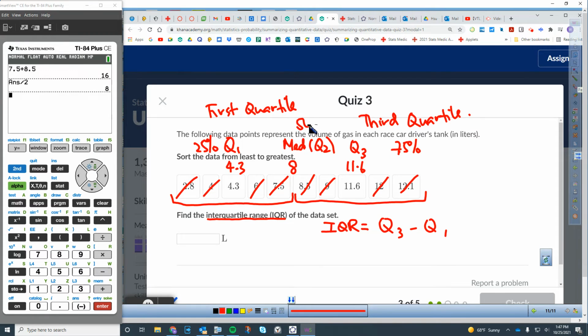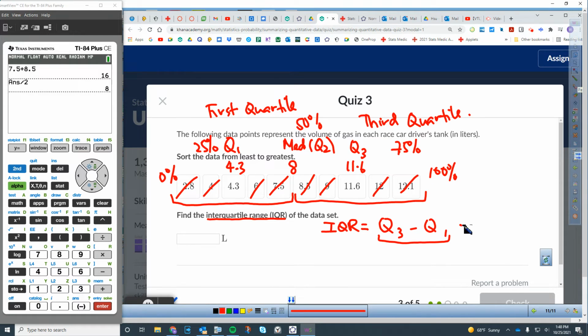Obviously, the median is the 50% mark because the smallest is the 0% mark and the highest is the 100% mark. So you're taking Q3 minus Q1. Q3 is 75% and Q1 is 25%. So 75% minus 25%, you're looking for the middle 50%. And that's what interquartile range is.